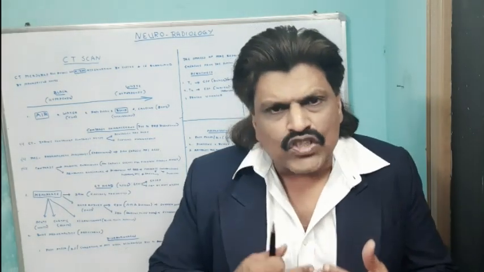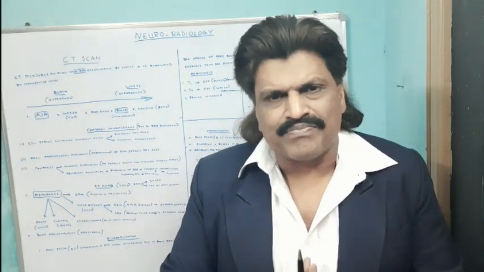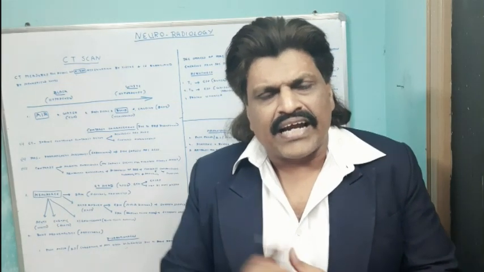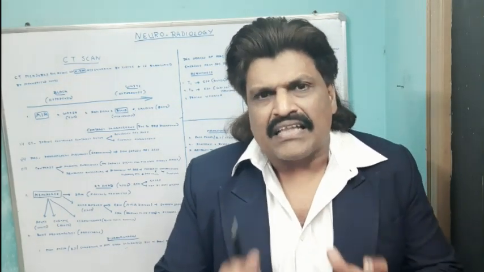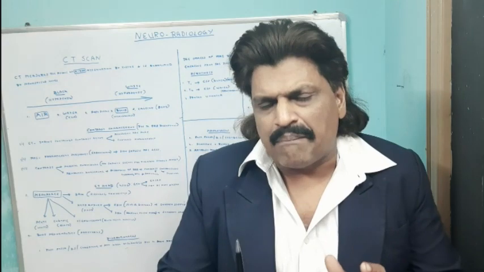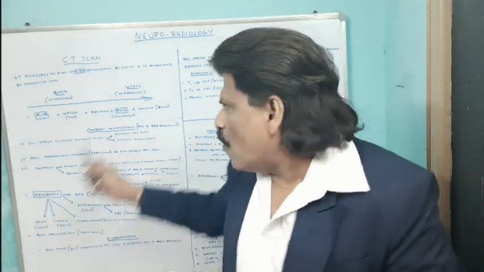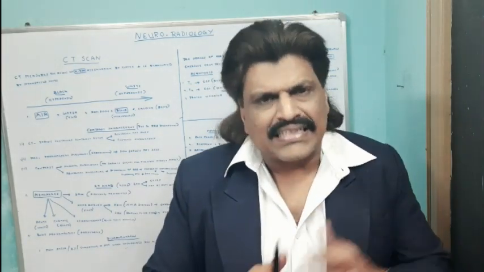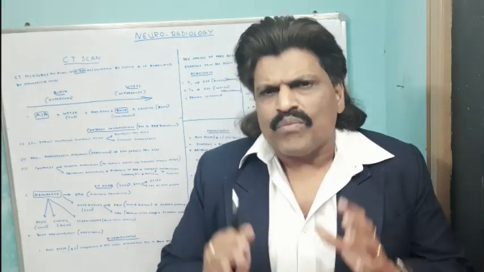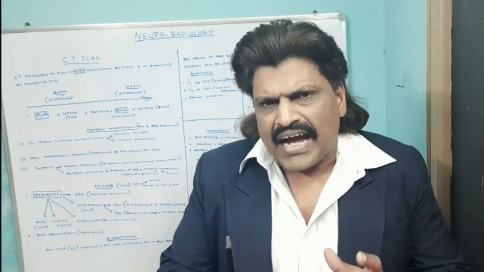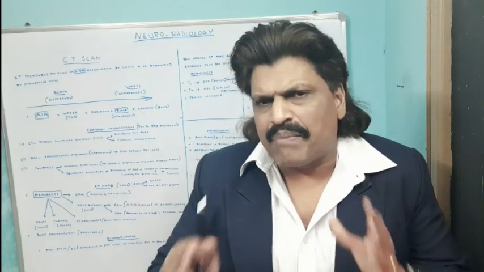Then we have soft tissue which is gray. Then at the other end we have blood, the hemorrhage, which appears hyperdense or white, and then the bone, that is the calcium. So hemorrhage or blood and calcium and bone appear hyperdense white.